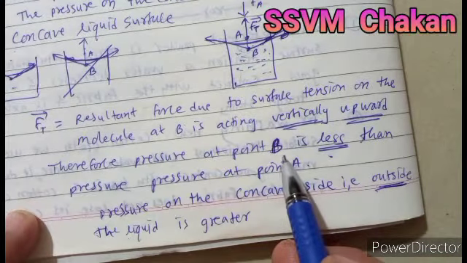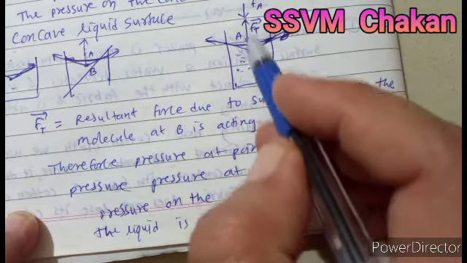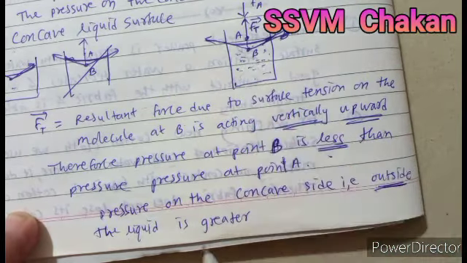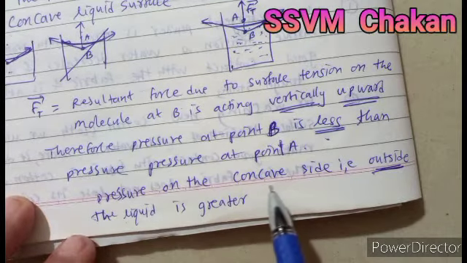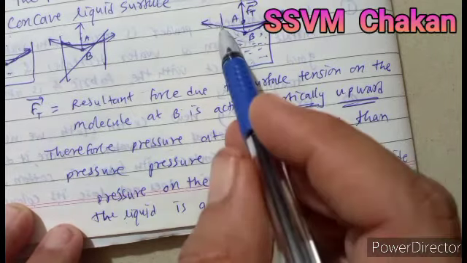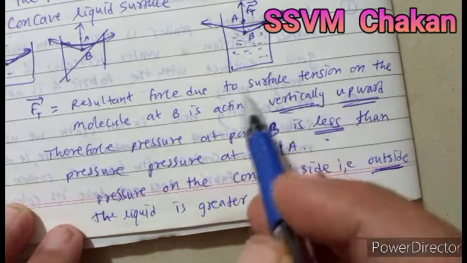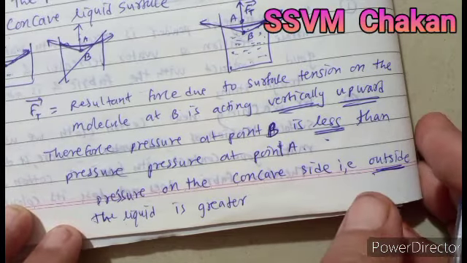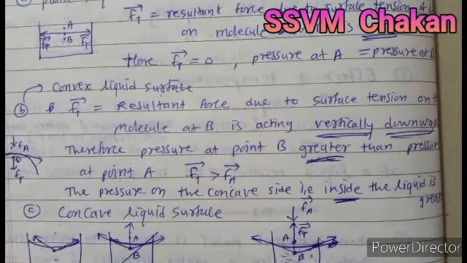Therefore pressure at B is less than the pressure at A. So upper pressure is more and below pressure is low. And because of that, pressure on the concave side, that is outside the liquid, is greater, and the liquid surface takes a concave shape, that is pushing in downward direction.